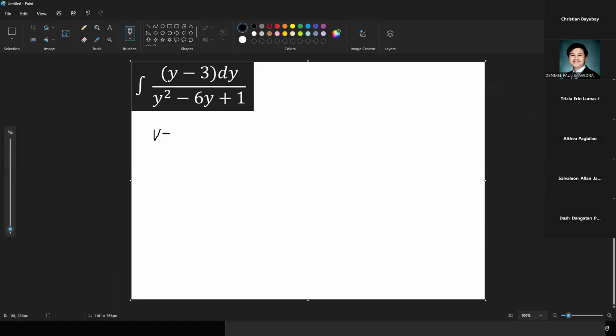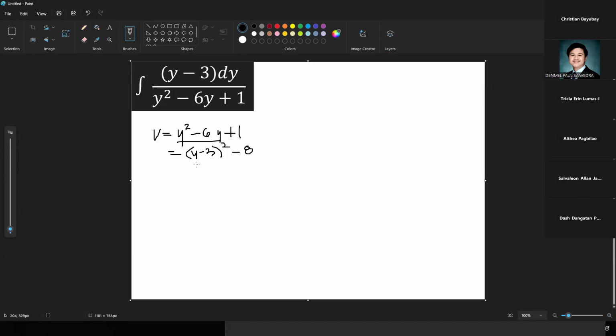Getting this one as your u, y squared minus 6y plus 1, this can be transformed into y minus 3 squared, and then minus 9 plus 9 minus 8, correct?